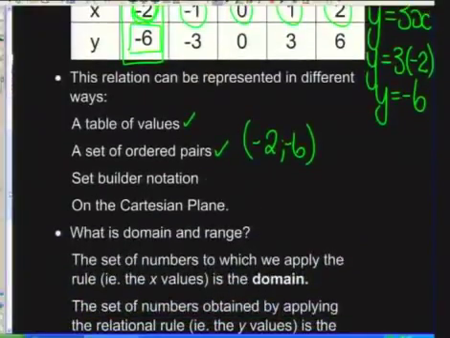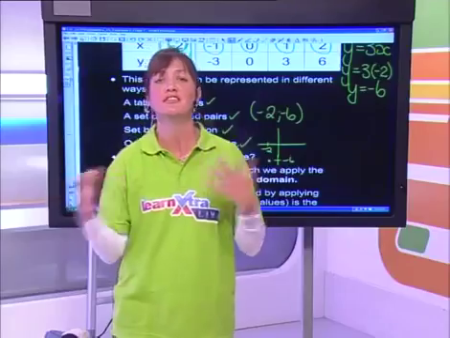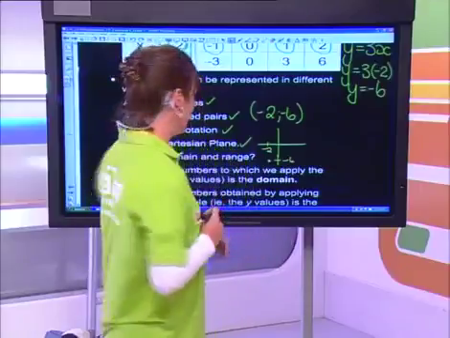We can show it in set builder notation, or we can show it on the Cartesian plane where we plot the point (-2, -6). That's a very rough drawing, but that's sort of what it would look like on your graph. So those are different ways that we would represent relations.